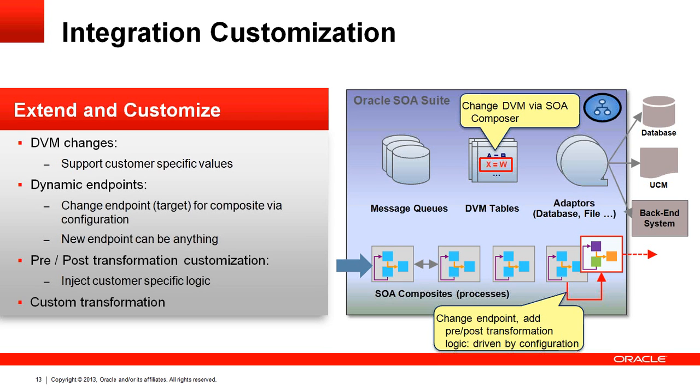You can change what that target system is. So for example, if we look at the diagram, we can even change it so a SOA composite will call another SOA composite as the target system. That allows a lot of flexibility in adding additional logic or manipulating data or even communicating with several systems for one message processing.